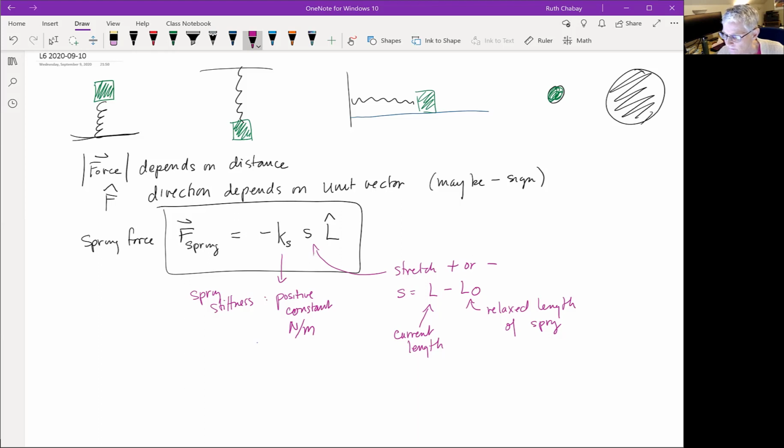And then this is a unit vector in the direction from the fixed end to the moving object, or to the object that's experiencing a force.